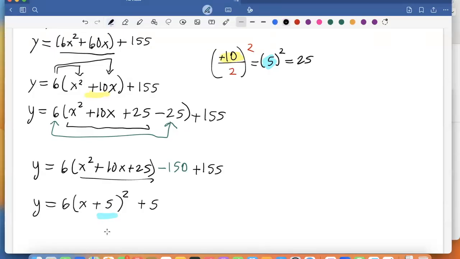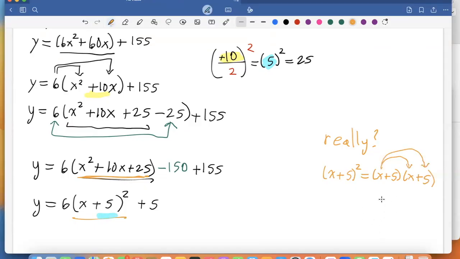Now you might wonder if this is right. Some of you will wonder if these are truly the same. So I'm going to say, really? Are those actually equal? Well, let's find out just for fun. X plus 5 squared is x plus 5 times x plus 5. To multiply these together, I do x times x and x times 5, and then I repeat the process with 5x and 5 times 5.